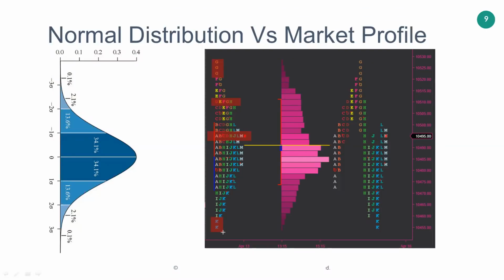Those are interesting zones where less time, fewer TPOs got traded, and less volume also got traded over there. The more the time-based activity, the more it results in volume activity also. So you could see in this example that more time is spent in this band, and more volume also happened in this zone.